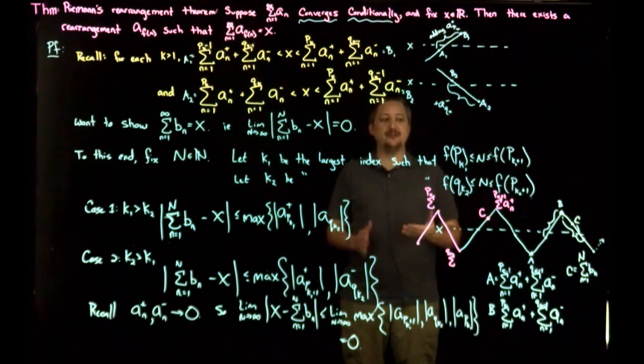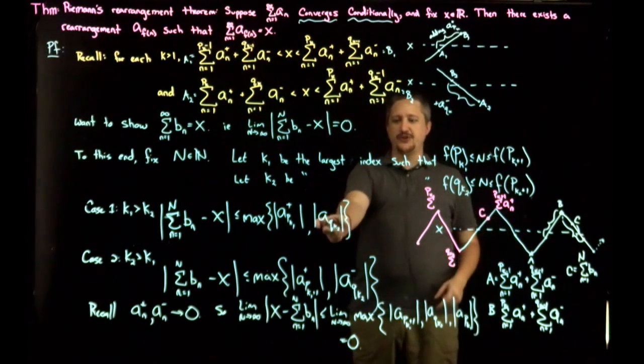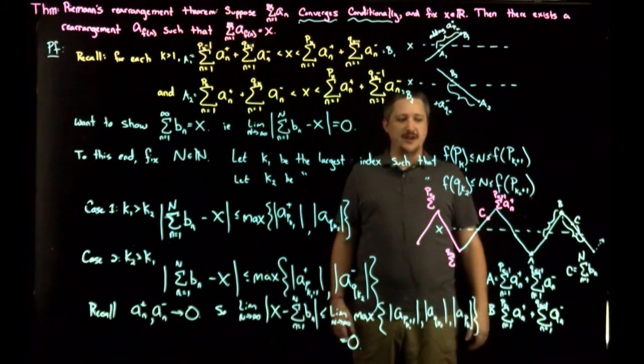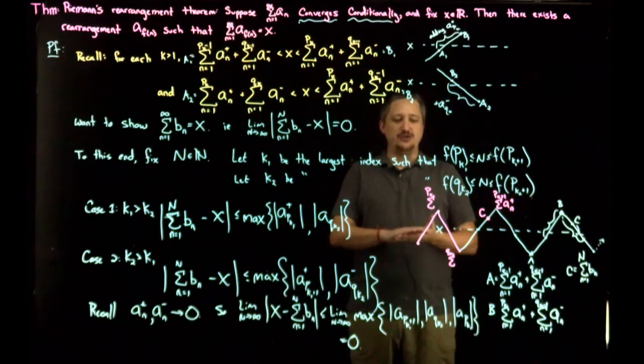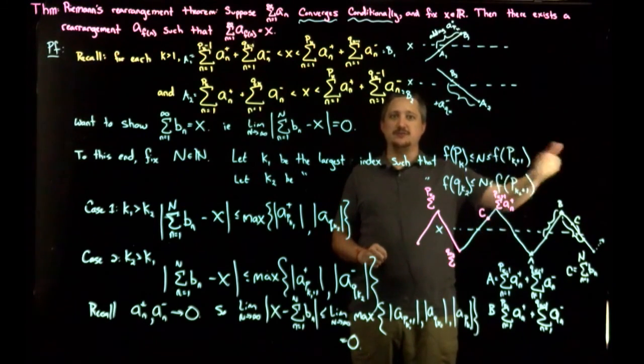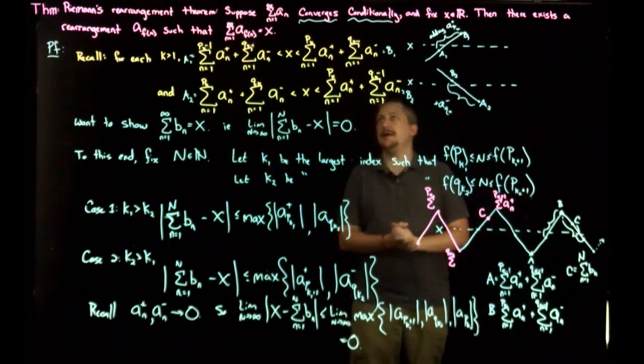So the intuition part is that since we only ever hop over x in either direction by at most one term, and those terms are going to 0 because this thing converges, that tells me that the amount it can jump up and down from x, the amount it can deviate from x, is going to 0, and thus the limit is 0. Okay? All right.